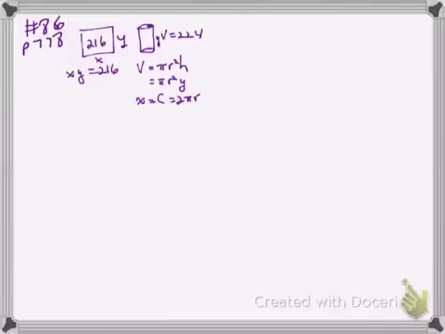And so we just need to solve for r, which dividing by 2 pi, r is x over 2 pi, which means we have pi times x over 2 pi, squared, times y. So there's our volume, which will equal 224.